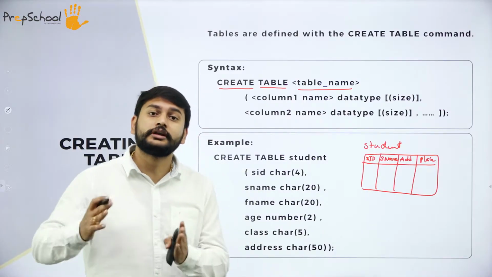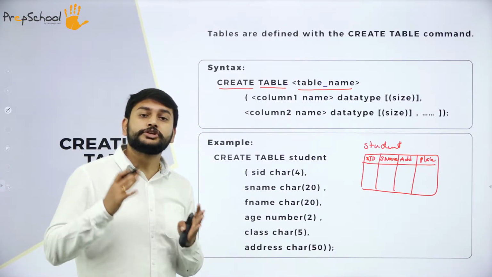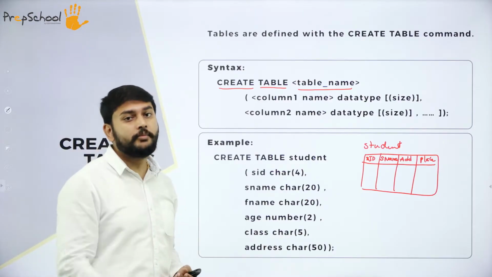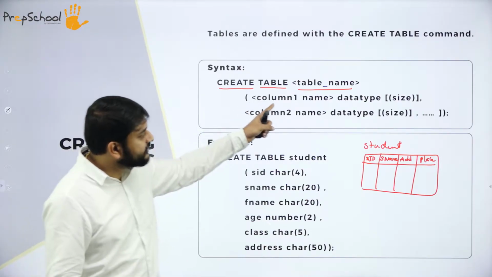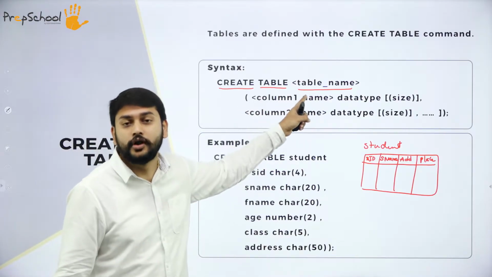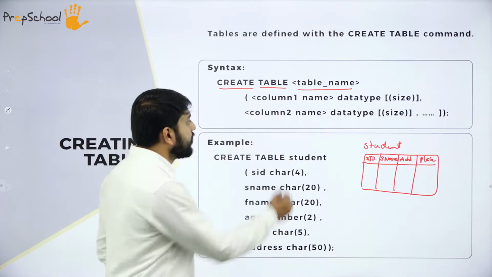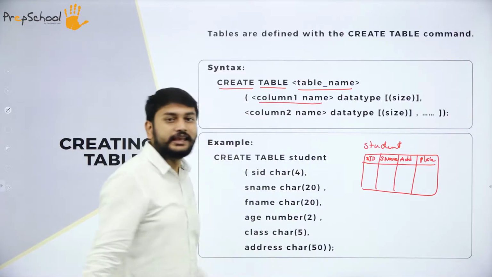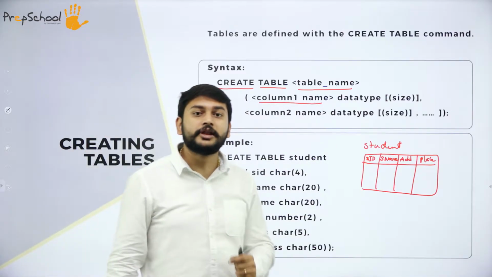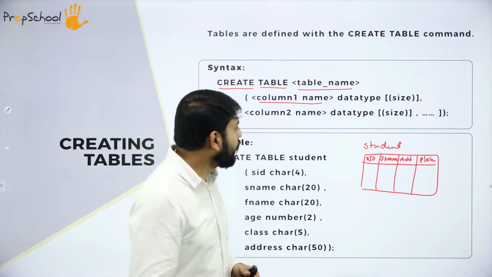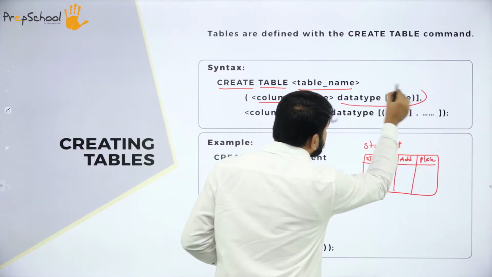So I have to create the columns. I have to mention the name of the column. So where do I mention it? Here is where I have to mention the name of the column. Suppose I have sid, I have to write the column name as sid. Then what is this data type, sir?